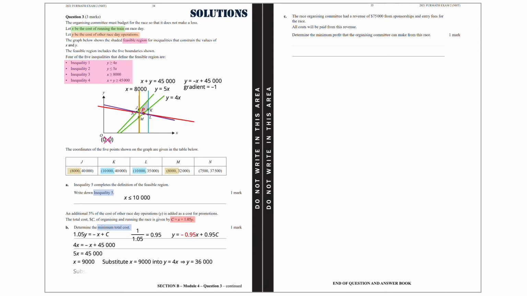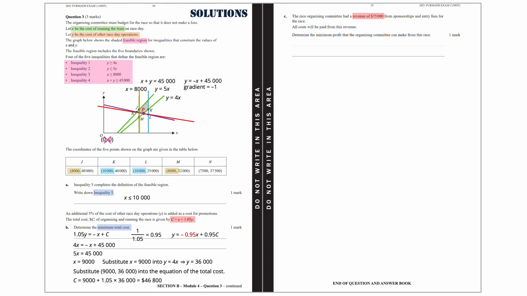We are now going to substitute the point with coordinates 9,000 and 36,000 into the equation of the total cost. Therefore, C equals 9,000 plus 1.05 times 36,000. That is $46,800.